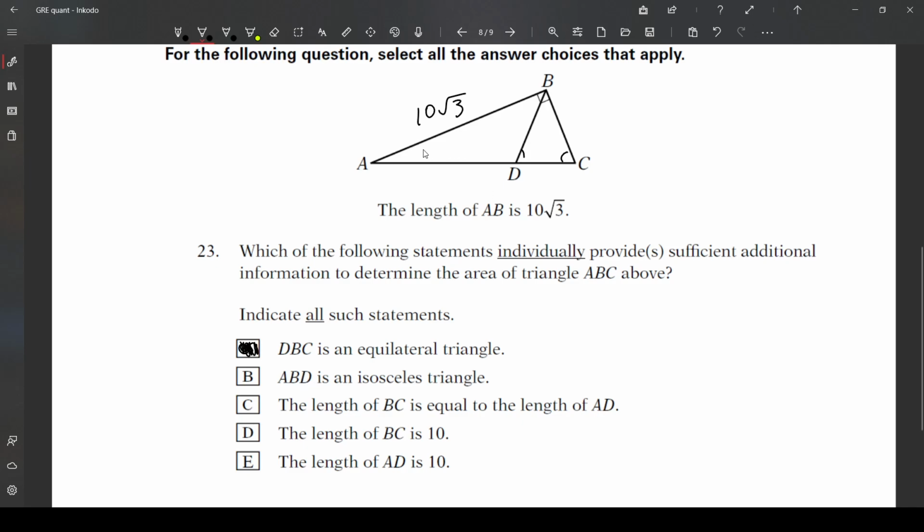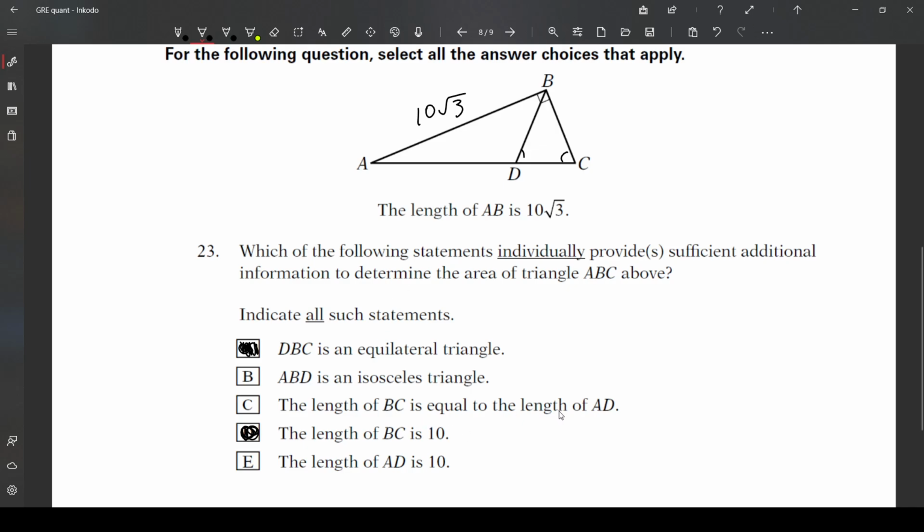ABD is isosceles. ABD. Now, I'm going to skip that one. So length of BC is 10. That certainly, because then you can just do 1/2 A times B. The length of AD is 10. I don't think that cuts it.